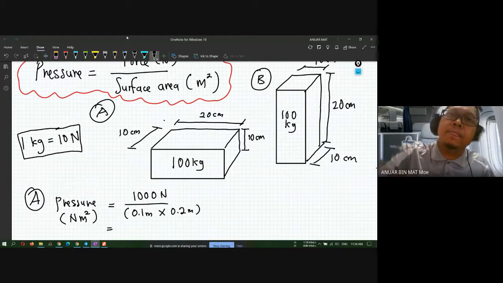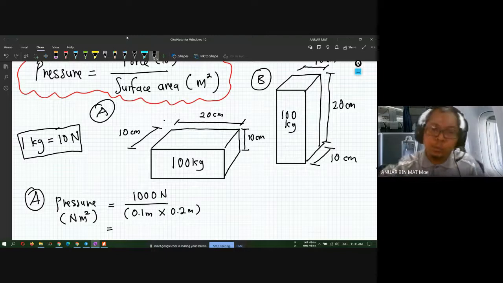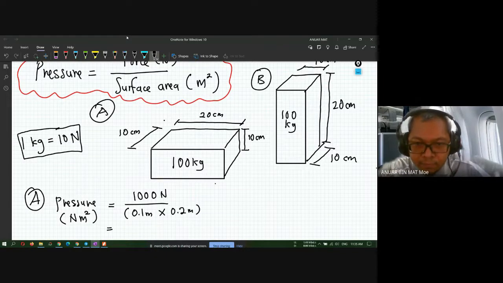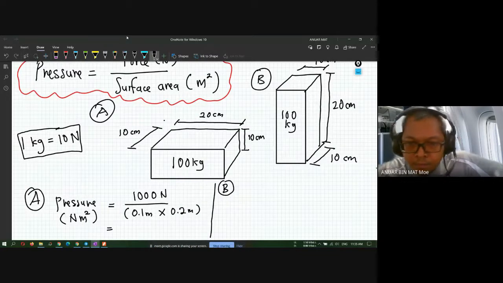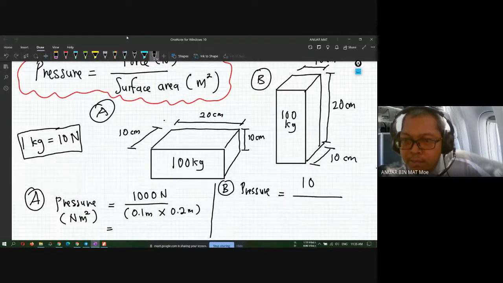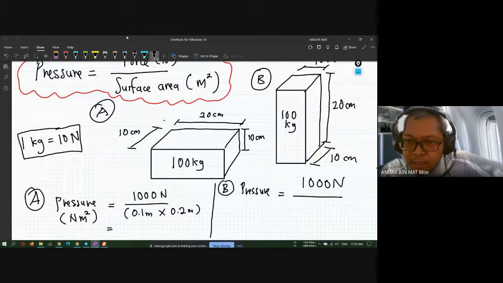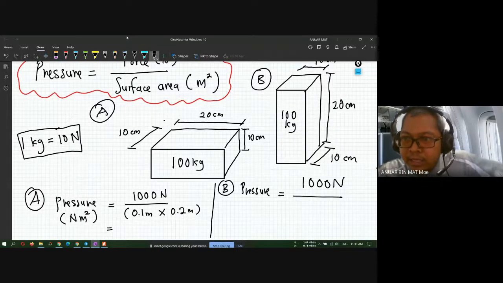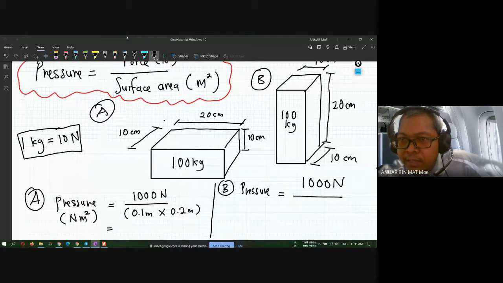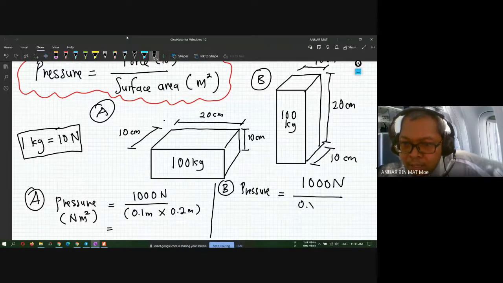This is for A. And then for B, pressure equals the same amount of force in Newton, but the surface area is different. The surface area is 0.1 meter times 0.1 meter.